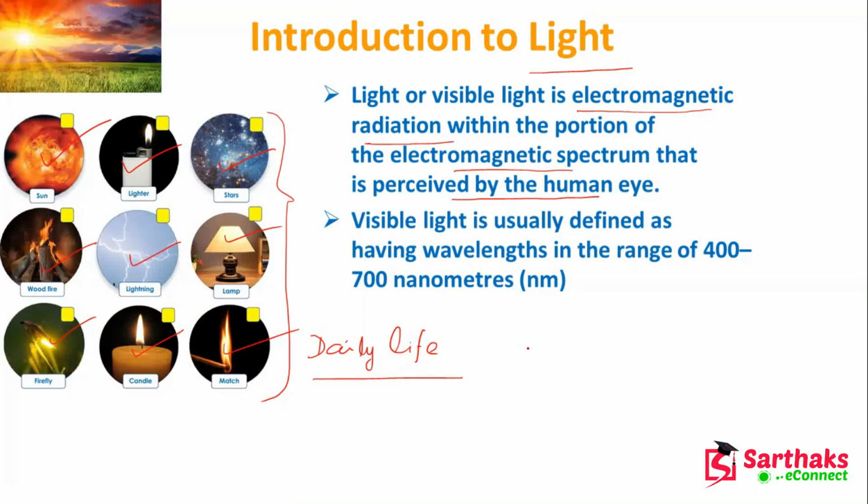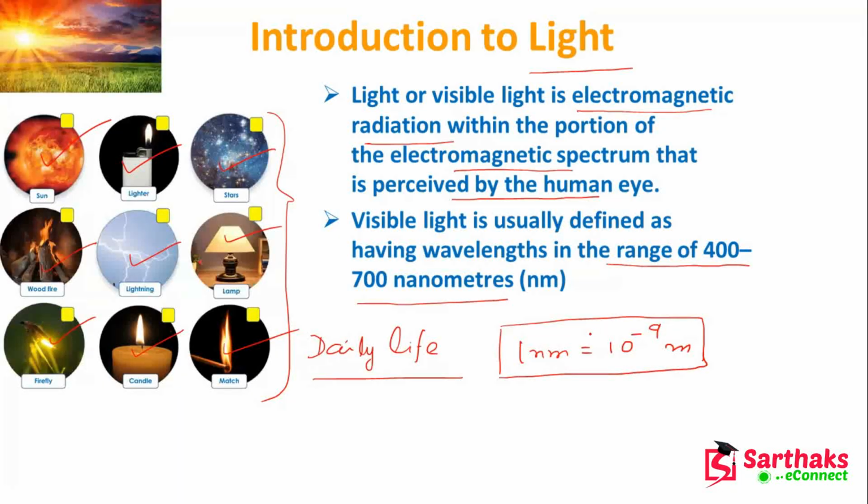Visible light has the wavelength range of 400 to 700 nanometer, and 1 nanometer is nothing but 10 to the power minus 9 meter.